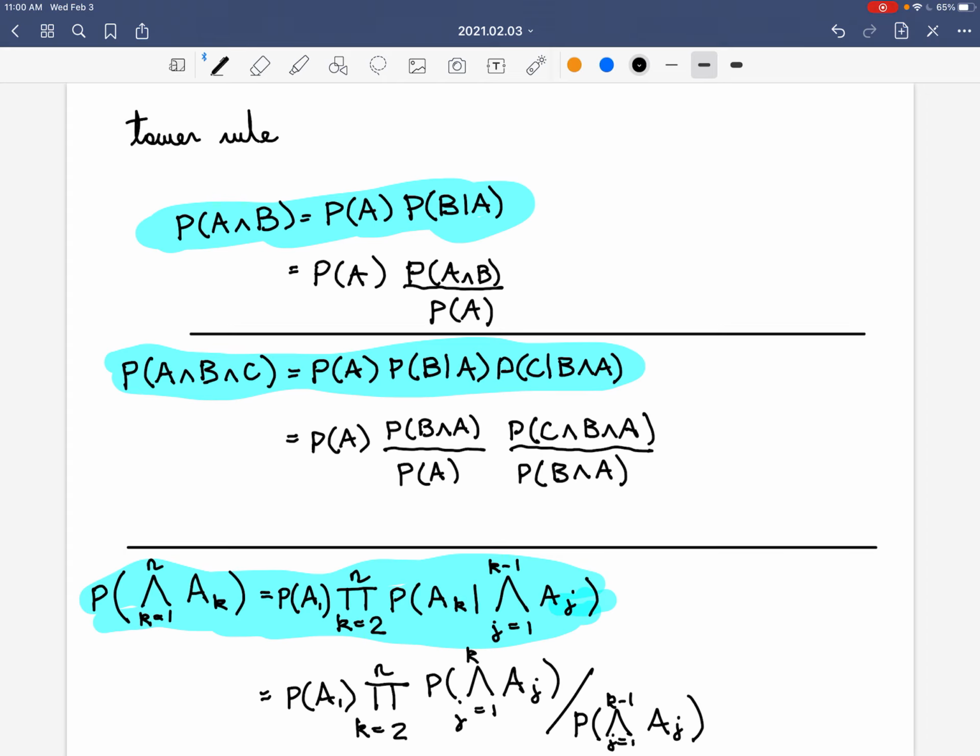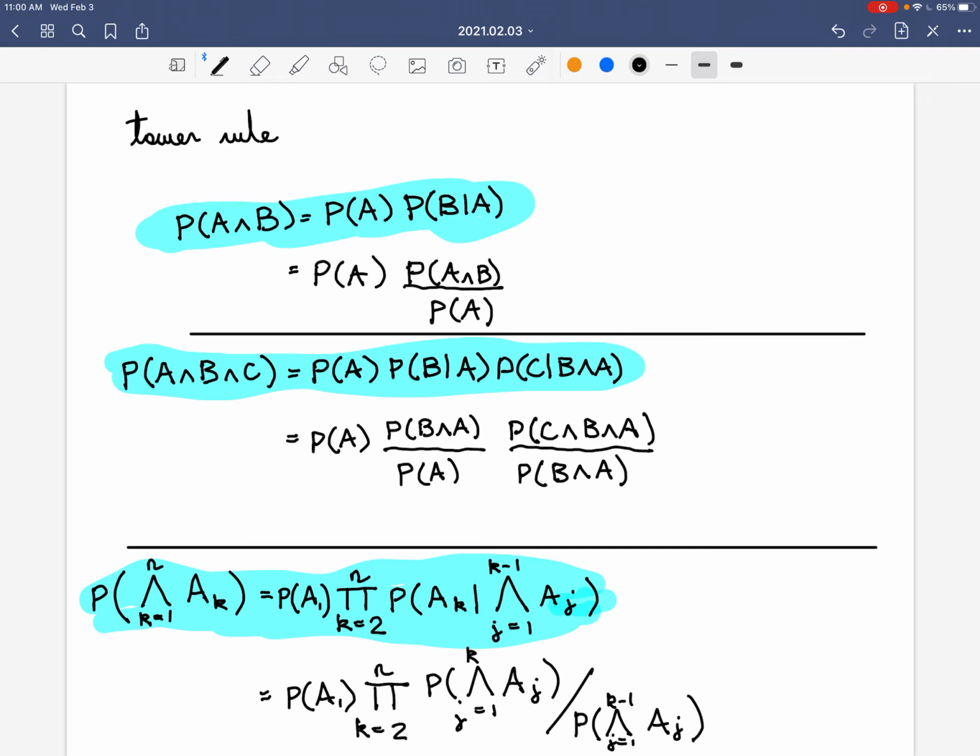So the basic way to use conditional probabilities in calculations is what's called the Tower rule. This concept has a lot of names. I'm calling it the Tower rule because I like to think of it as a tower of conditional probabilities. You might hear it called the multiplication rule for conditional probabilities or the chain rule for conditional probabilities.